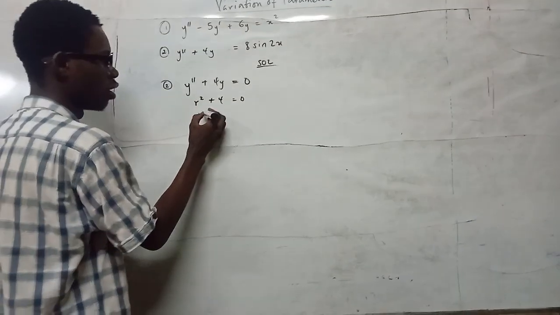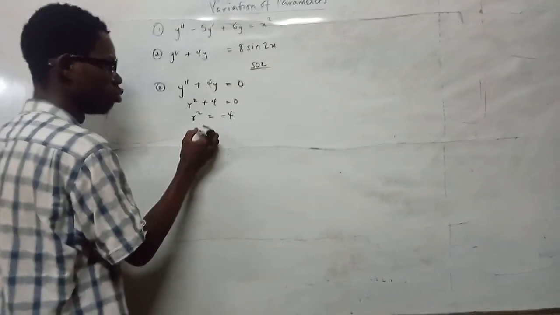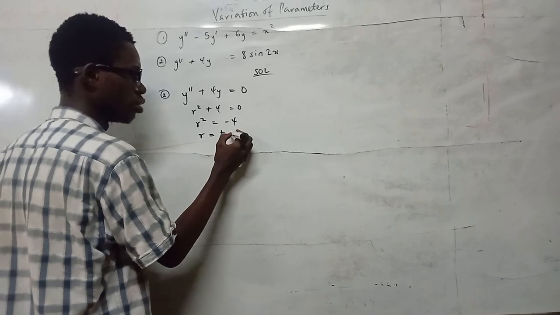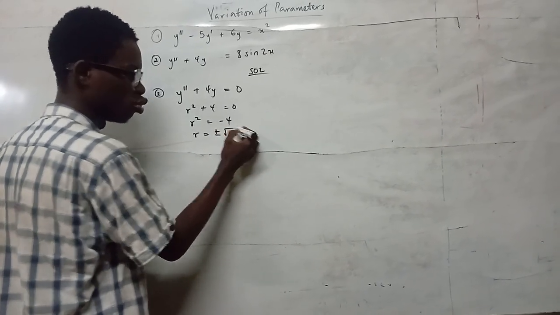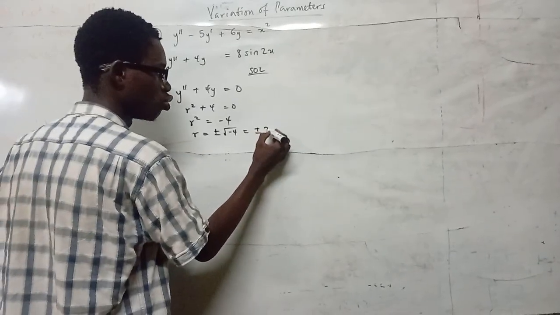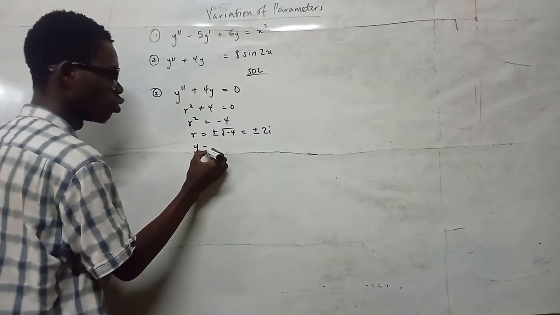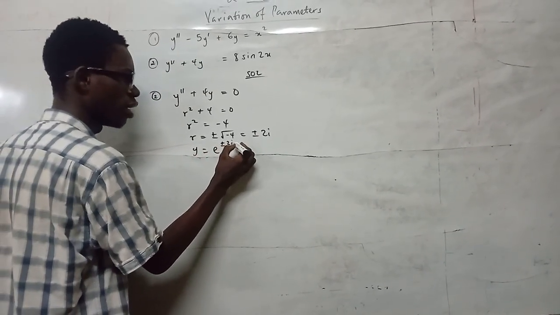Solving this, we have r squared equals minus 4, which means r equals plus or minus square root of minus 4, which is 2i, right? That's plus or minus 2i, which means our y equals e raised to the power plus or minus 2i x.